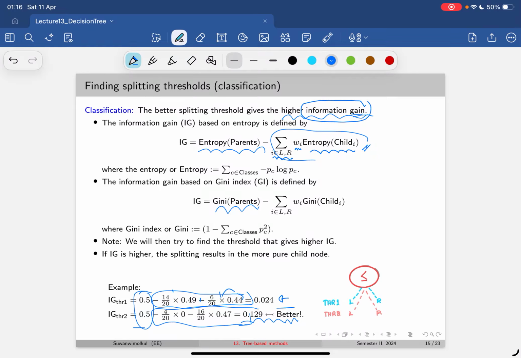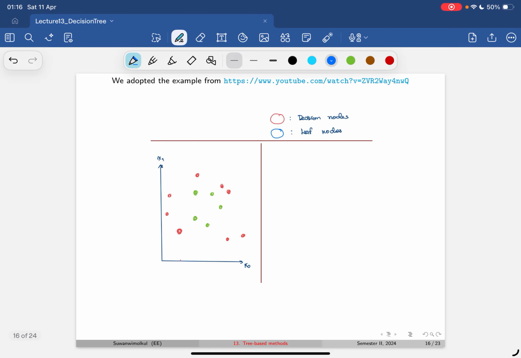That means the new entropy calculated from the new splitting of the child node is lower, which gives you a better splitting and therefore a higher information gain. All right, I hope this does not confuse you, but okay, let's see the example.